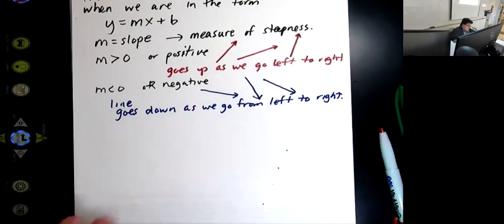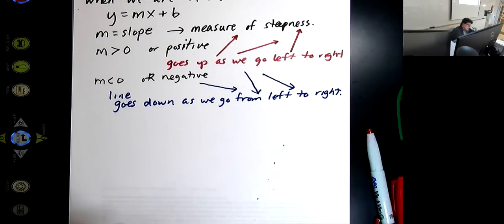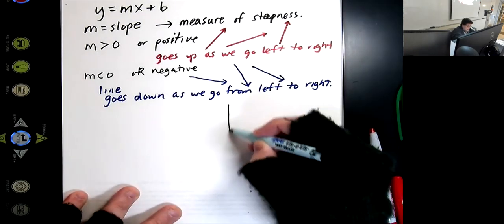So we just did y equals 3x. I'm going to do it on this page because I got a lot of writing already on them.